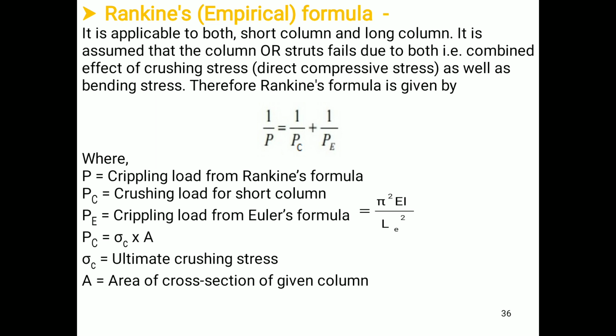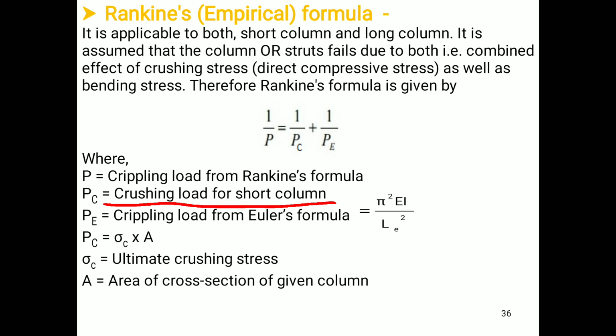Mathematically, the Rankine formula can be given by 1 upon P equals 1 upon Pc plus 1 upon Pe, where P is the crippling load from the Rankine formula that we have to find out. Pc is the crushing load for the short column.